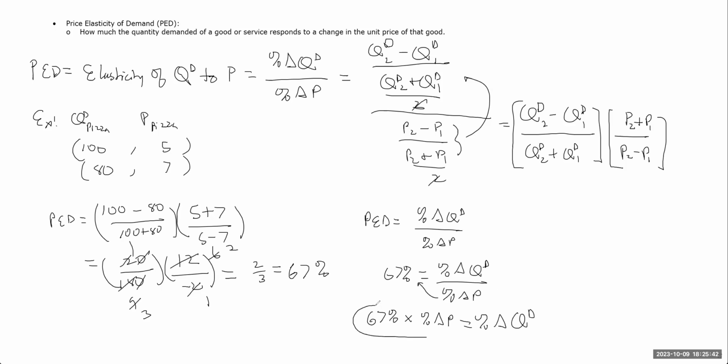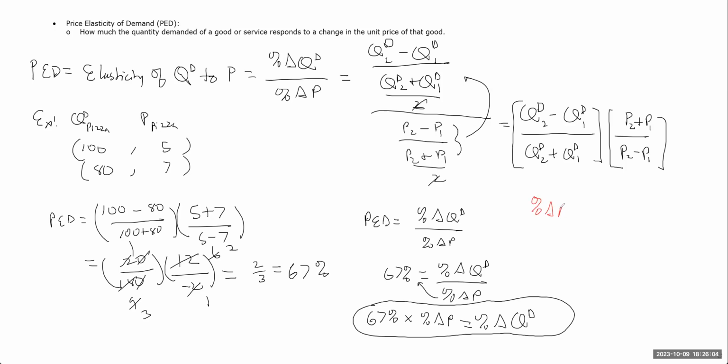Okay, so now this could be kind of useful. How? Well, let's pick a different color. If I know how much price changed by, I could tell you exactly how much quantity demanded changed by. Let's do an easy, simple one.